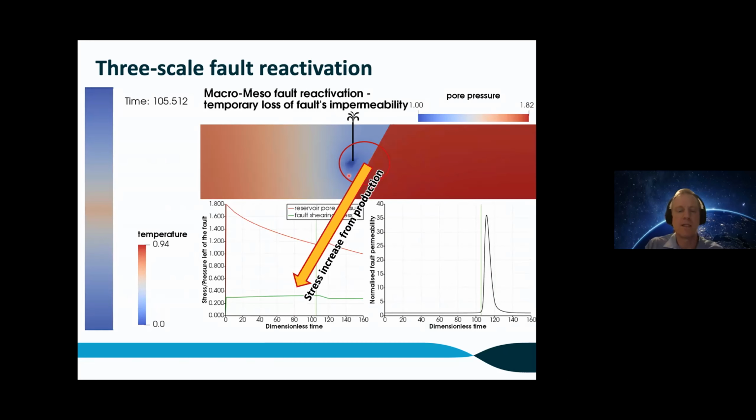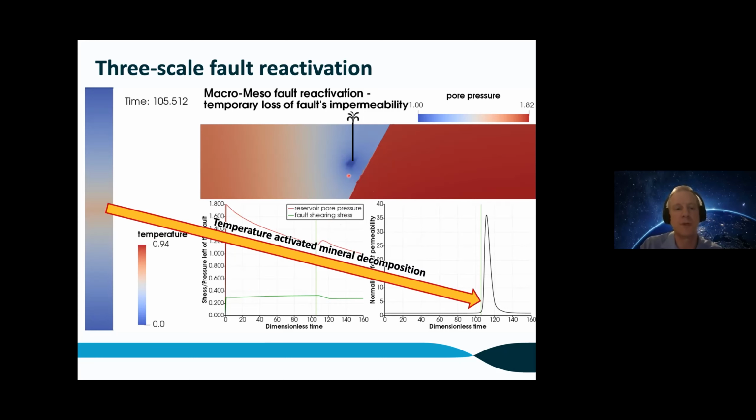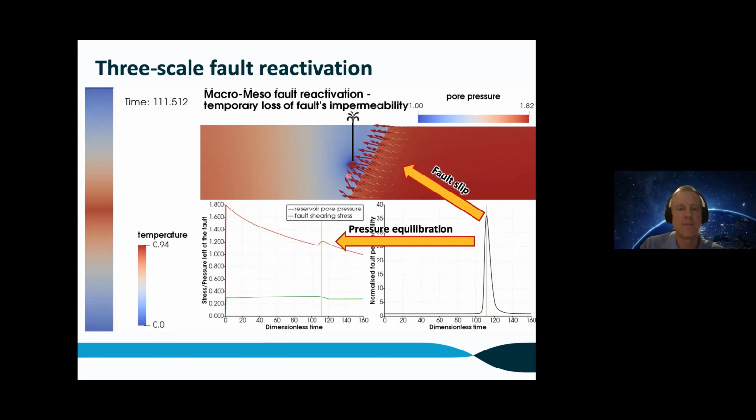The first one is that playing with the hydraulics and effective stress, you're increasing the stress on the fault from your production. That will lead to the increase of shear heating. And as I explained before, that will just trigger the fault reactivation through the mineral decomposition. So this mineral decomposition will increase the permeability.